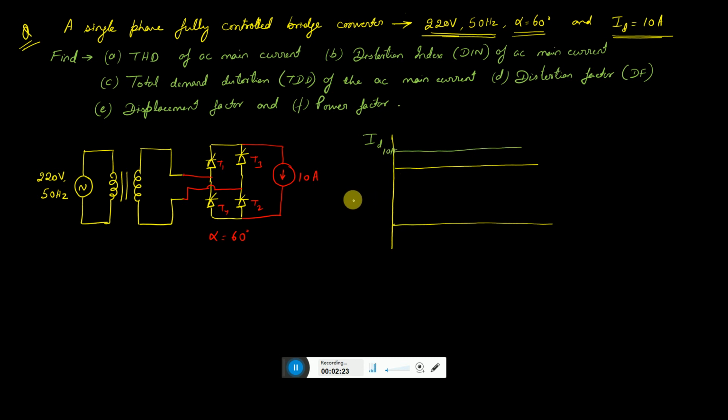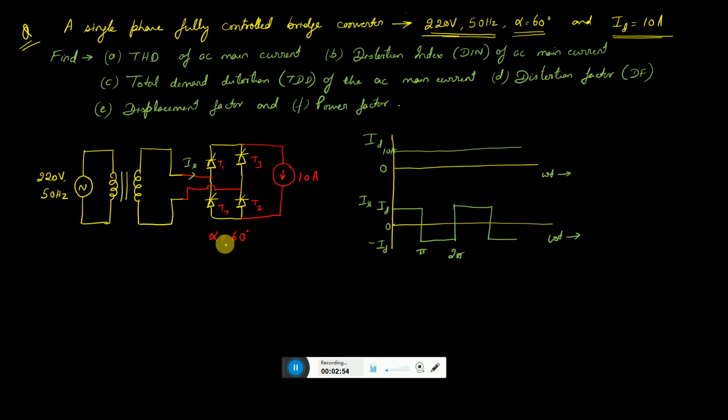And when I would like to draw IS, the input current will be a square wave which alternates between ID and minus ID. This will be 2 pi and this is pi. On the x-axis I represent omega t in radians per second, and here will be ID and this will be minus ID.